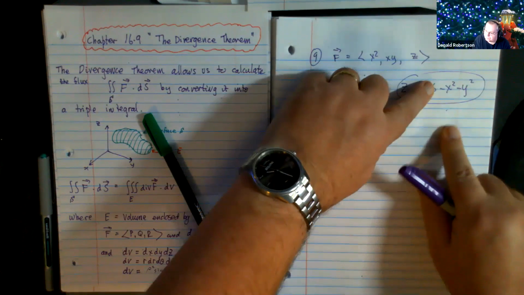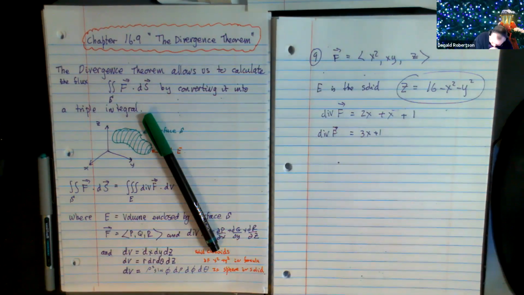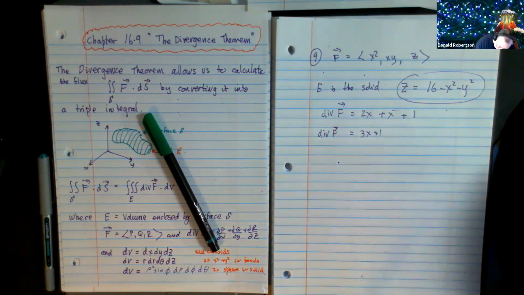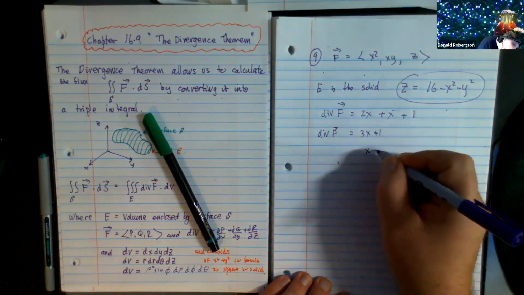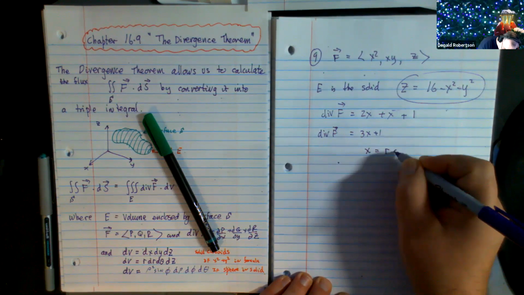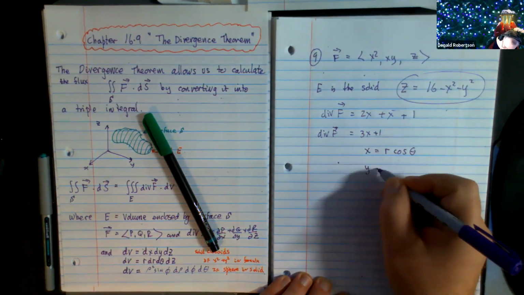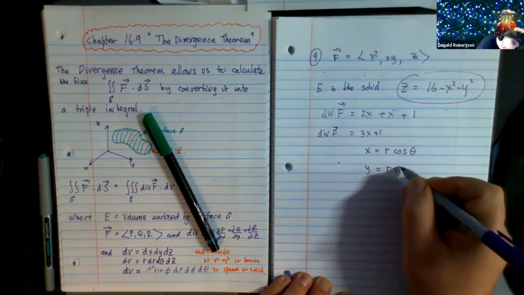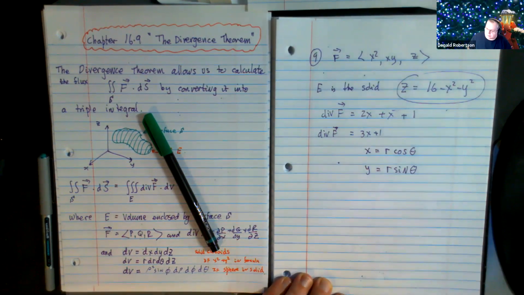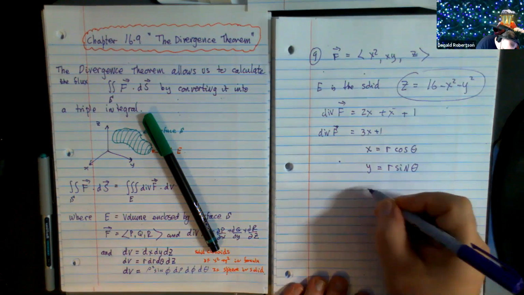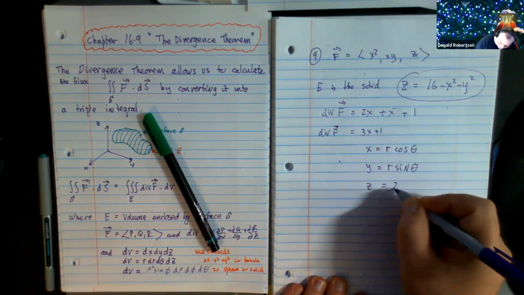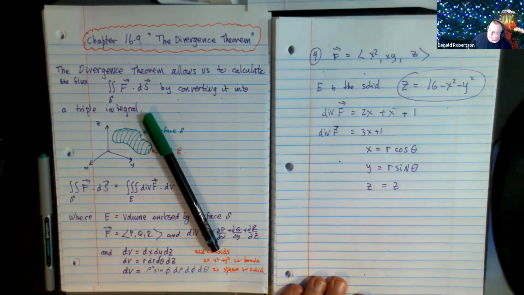These two guys are going to be the ones I'm going to look at doing cylindrical on. And in this particular version, z is z, right? That's what happens with cylindrical. z stays as z.